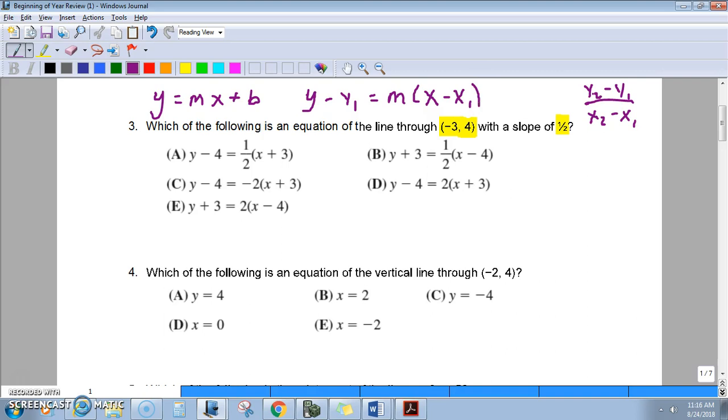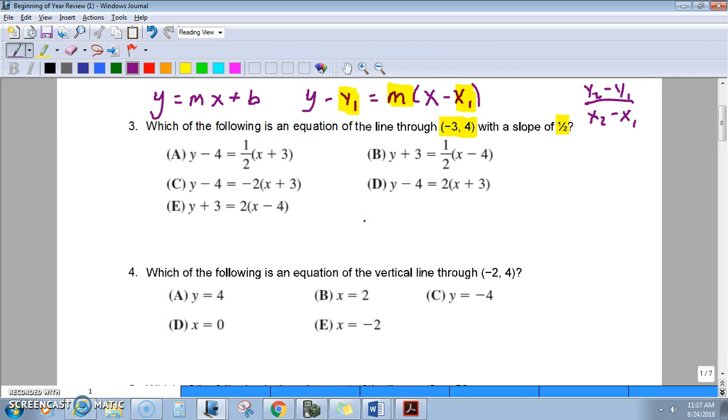And this format doesn't actually have the y-intercept. So if you have the y-intercept and the slope, you're going to want to use the slope-intercept form. Otherwise, if you have a point and a slope, you're going to want to use this form. So all we need to do now is put in the y value of the point here, the x value of the point here, and the slope here. So what that looks like, process of elimination, you might have been already able to figure this out.